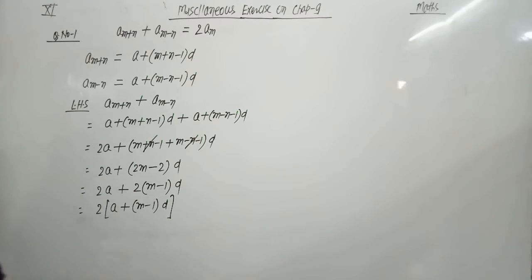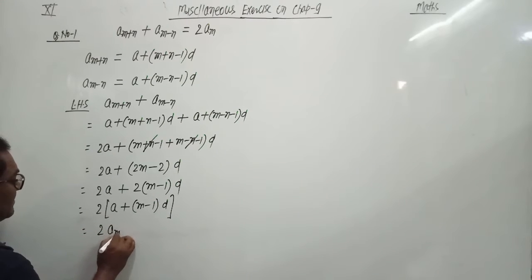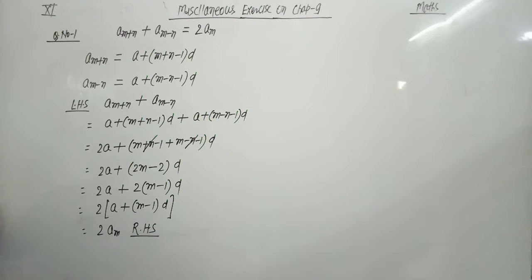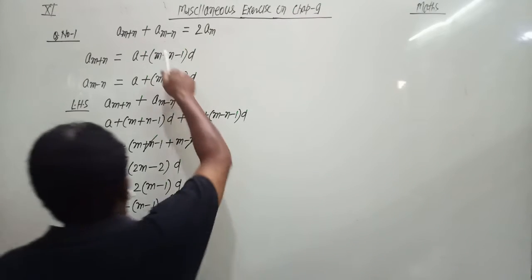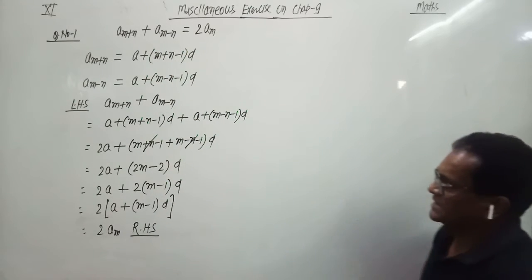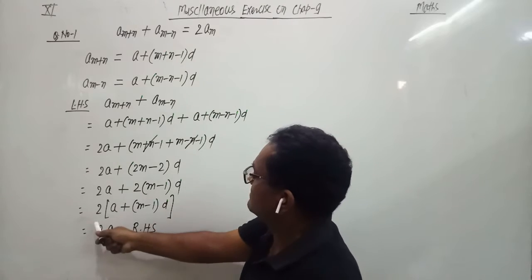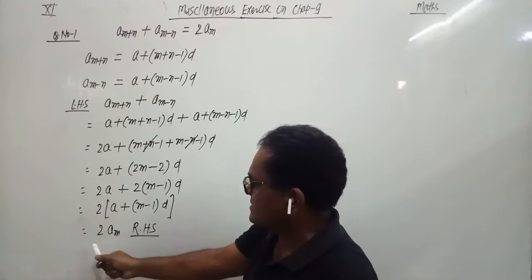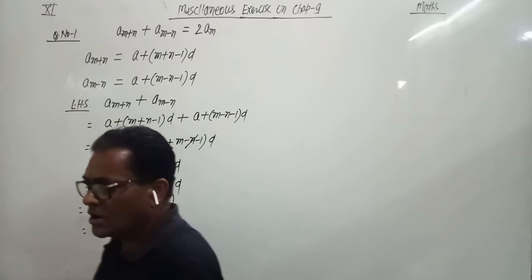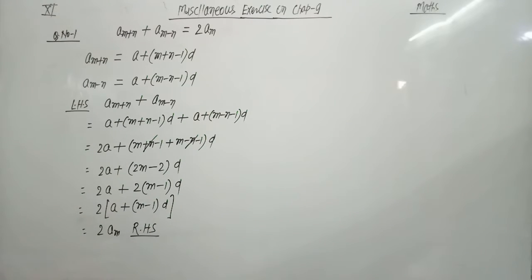A plus m minus 1 into d is the mth term am, so this is twice of am, which is the RHS. So by solving the LHS, we get the result: twice the mth term, 2 into a plus m minus 1 into d.